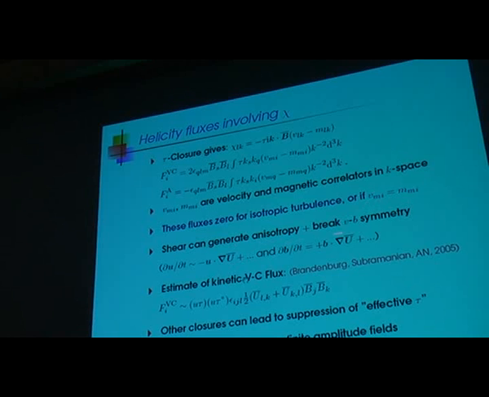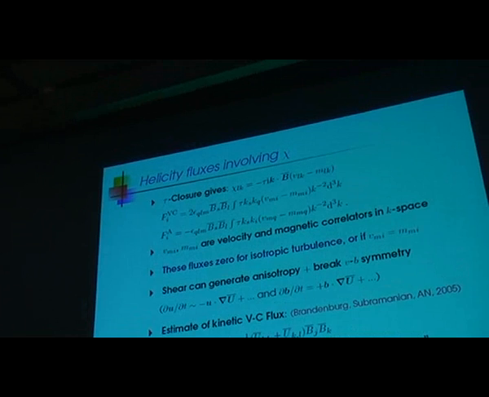If you look at how shear acts on the velocity field, sorry, I changed from V to U here, the velocity field and the magnetic field, then you will find that the shear acts as minus U dot grad U bar for the velocity field, but plus B dot grad U bar for the magnetic field. And this can actually break the symmetry between the velocity and magnetic field.